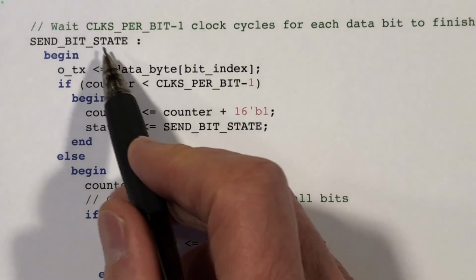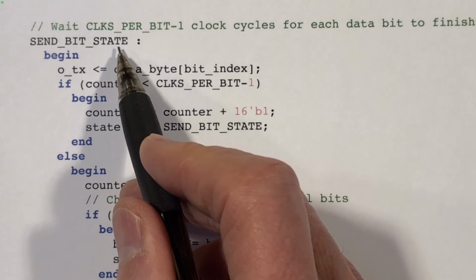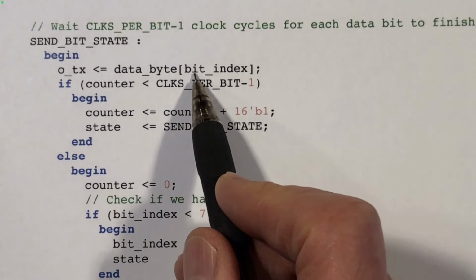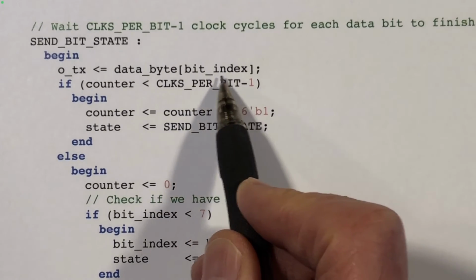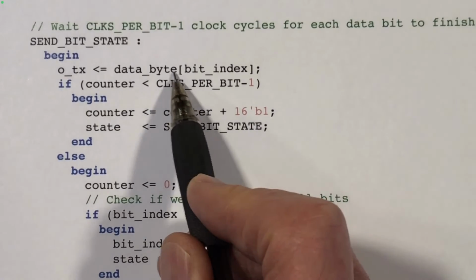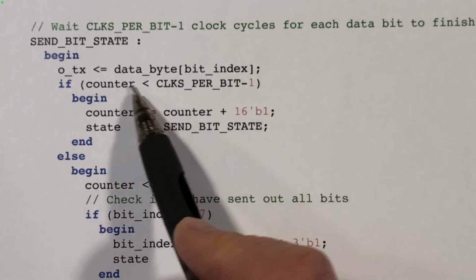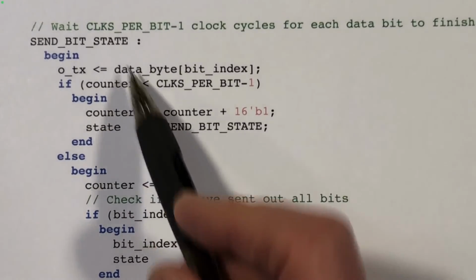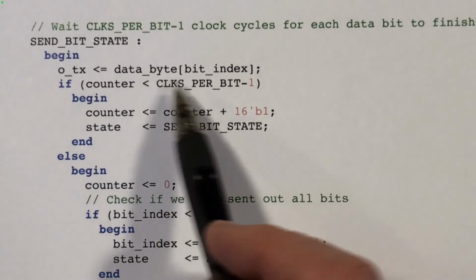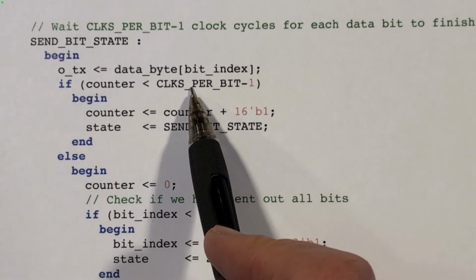Once we're in the send bit state, we're going to start sending the data bits, and we will remain in this state until all 8 bits are sent. We're going to use the bit index register as an index into the data byte register and use that value to set the output line. Then we look at the counter register, or really simultaneously on the same clock pulse, I should say. We're looking at the counter register to see whether it has reached its maximum value.